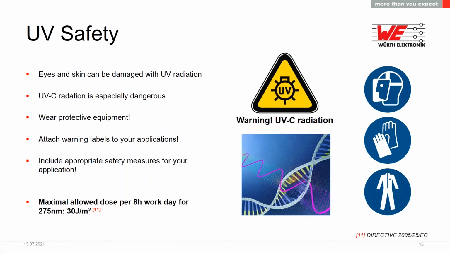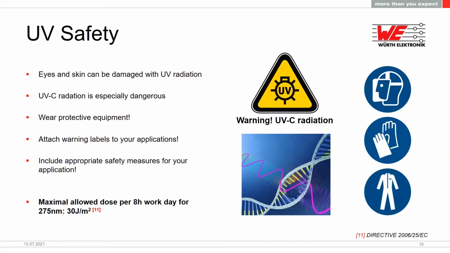There's a directive of the European Council here, which gives you a maximum allowed dose per 8-hour workday. And this is for 275 nanometers, 30 joules per square meter. So if you remember earlier, we said the dose to kill 90% of coronaviruses was 37 joules per square meter.